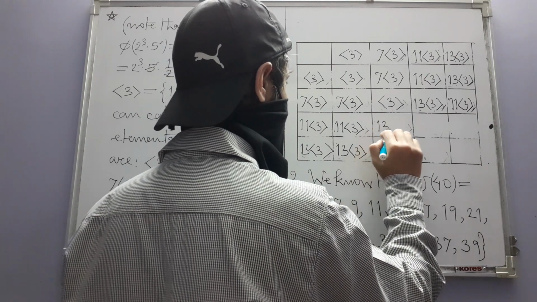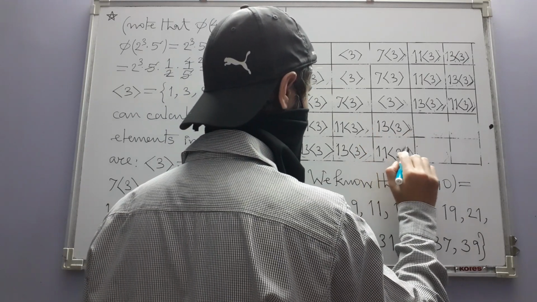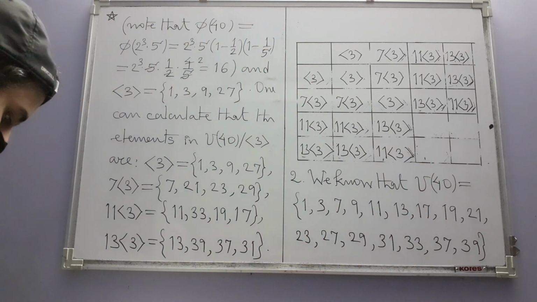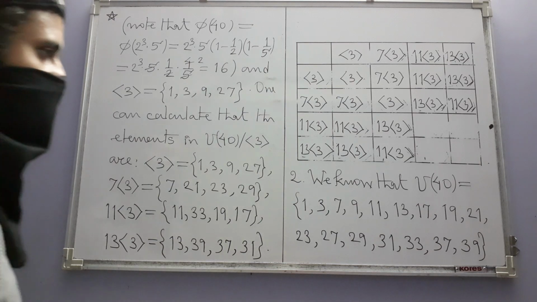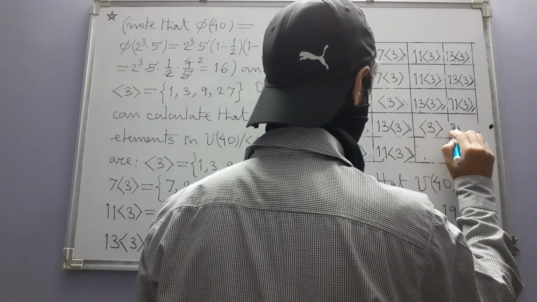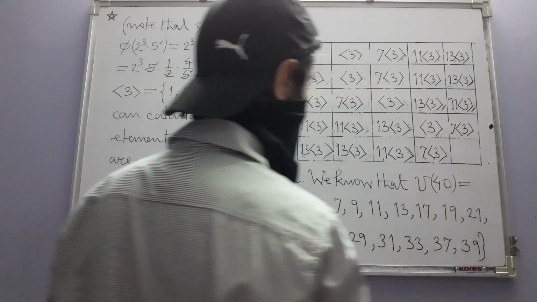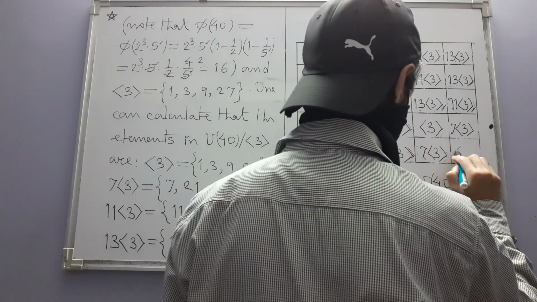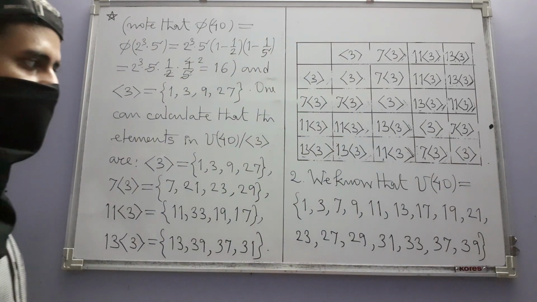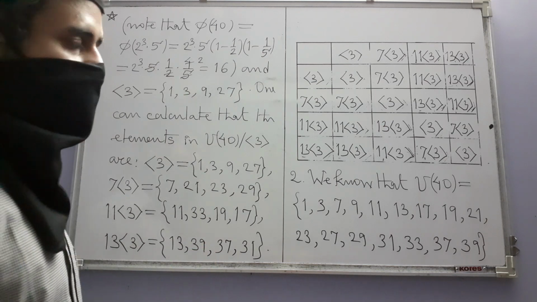So this is 13 and this is 11, and then 11, 13, 3, 7, so this is 7, so that means this is going to be 3. So that is the group table for the second group, and that completes this solution.